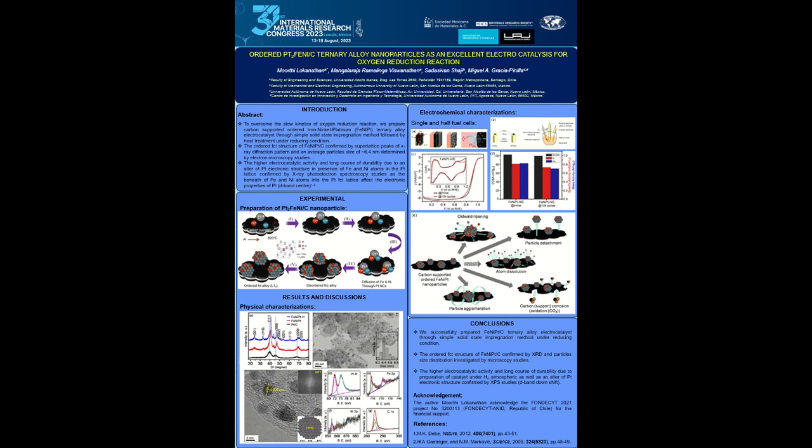There are several alternate energy sources such as fuel cells, batteries, wind energy, etc. Among the various energy sources, polymer electrolyte membrane fuel cells, or hydrogen fuel cells, are gaining higher attention due to their high efficiency, eco-friendliness and higher power density.